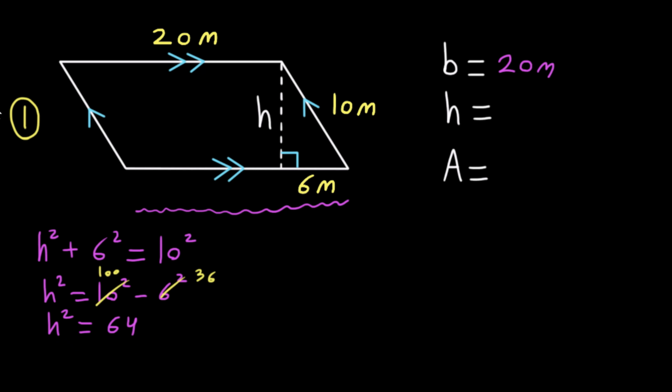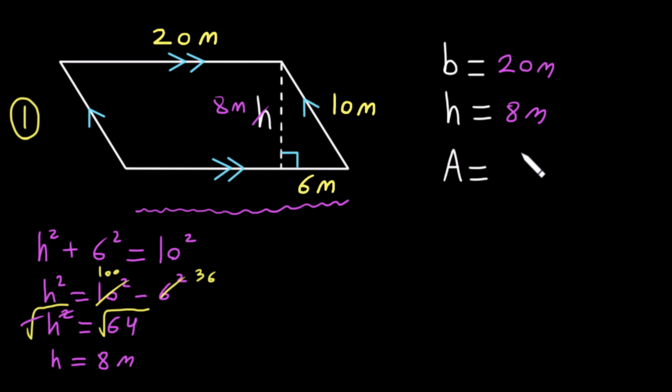Now we can take the square root of both sides. The square root will cancel the square, so h equals the square root of 64, which is 8 meters. So the height here is 8 meters.